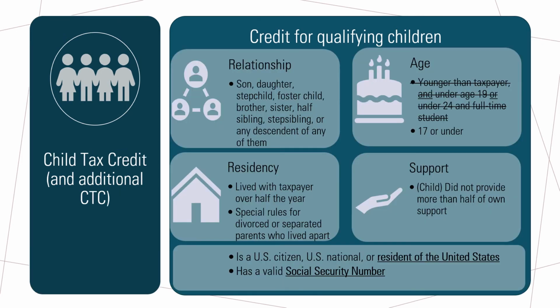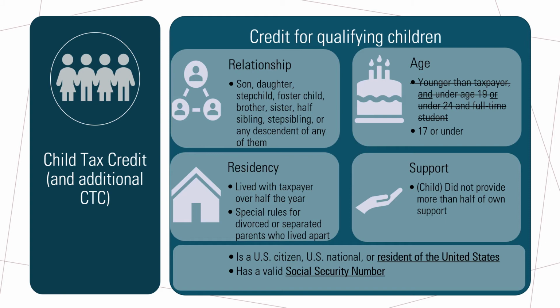So let's talk about who these qualifying children are. If you'll remember back when we were learning about dependents and qualifying children and qualifying relatives, a lot of the same tests are going to apply for qualifying children for dependency as for this credit, but there's a little bit of difference. So for this credit, we again have the relationship test.